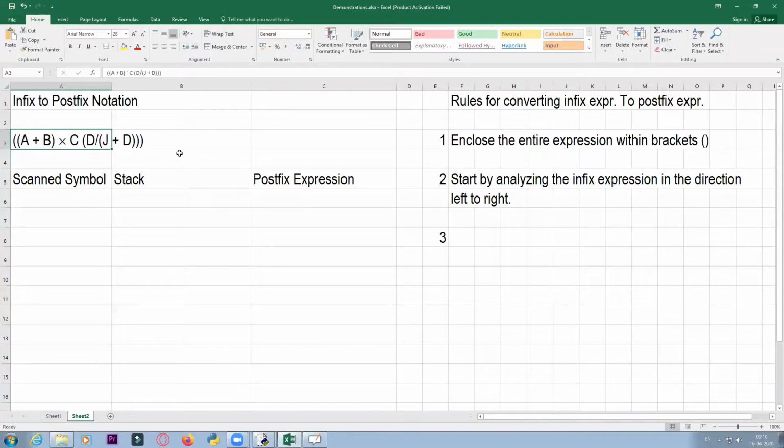You can see over here, there are three columns made. One is scanned symbol, one is stack, and one is postfix expression. So in your copy also, you will be creating three columns. First one would be scanned symbol, which will contain the symbols which are scanned as we start analyzing the expression from left to right.